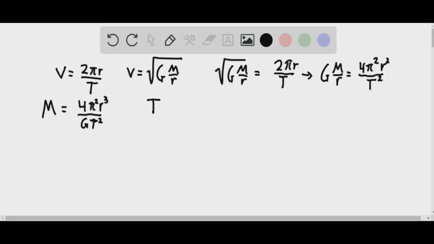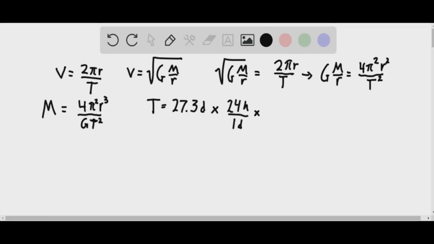Before we do that, though, we need to convert a couple of our known parameters. First up, there's the Moon's orbital period. The Moon takes 27.3 Earth days to circle Earth. Our value for t has to be in seconds to work in our formula. So let's go ahead and convert this 27.3 days into seconds.